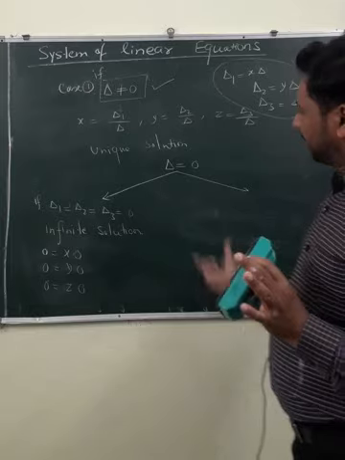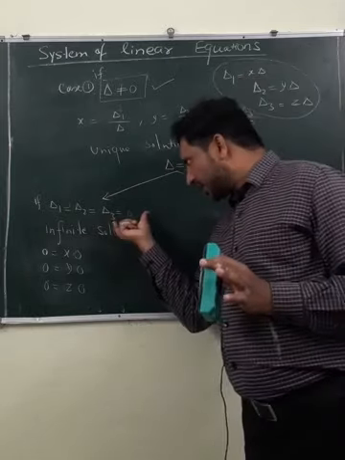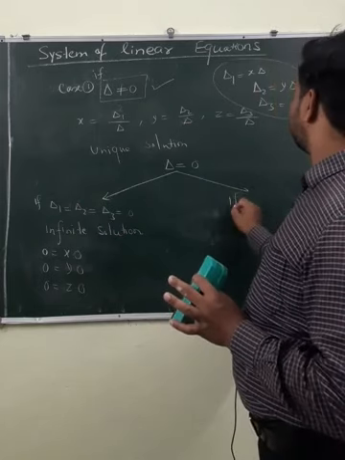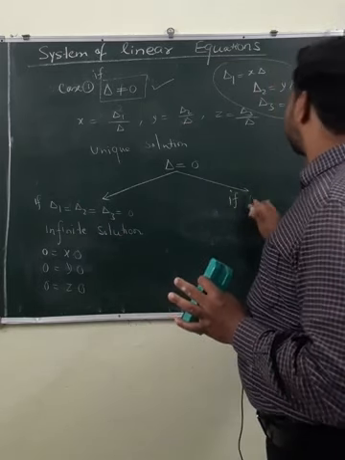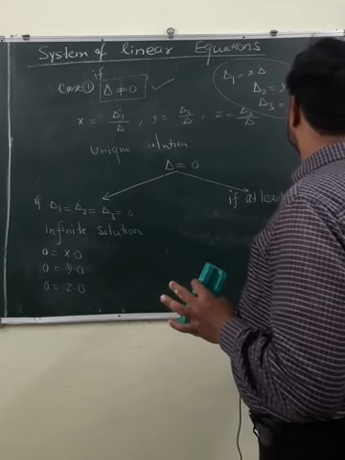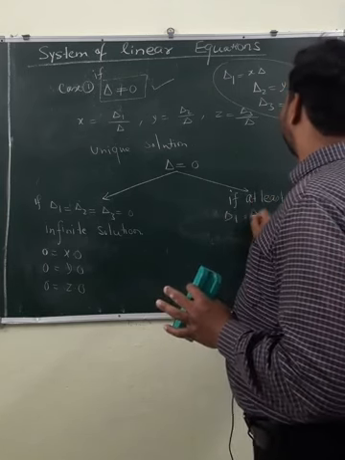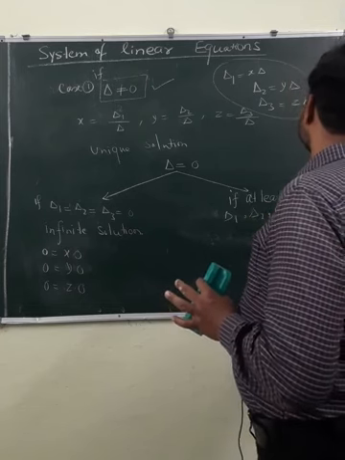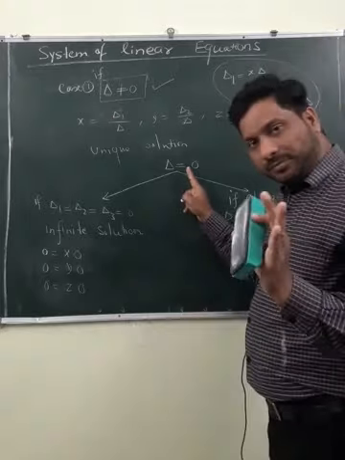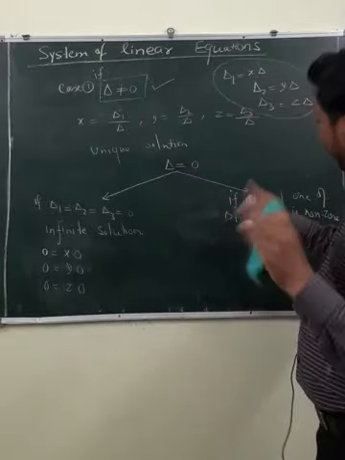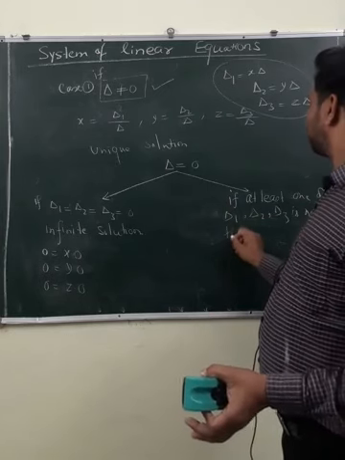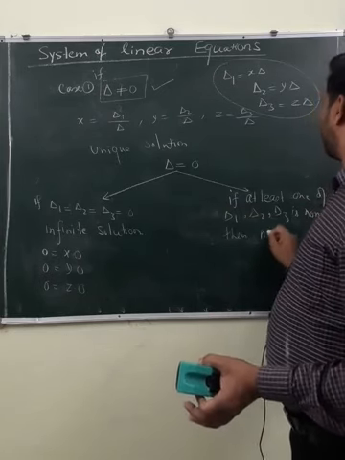Means what are the conditions? Delta 0 and all others 0 for infinite solution. Now if at least one of delta 1, delta 2, delta 3 is non-zero, see, first of all delta has become 0, and at least one of these is non-zero, then we get no solution.